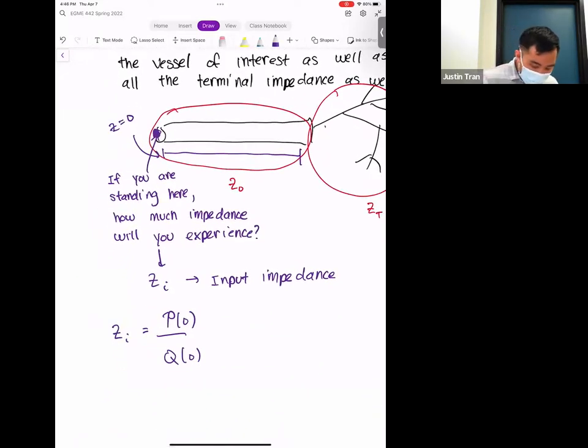And so if we plug in for that, what we get is Z naught times (1 minus gamma e to the minus 2 lambda L) divided by (1 plus gamma e to the minus 2 lambda L).